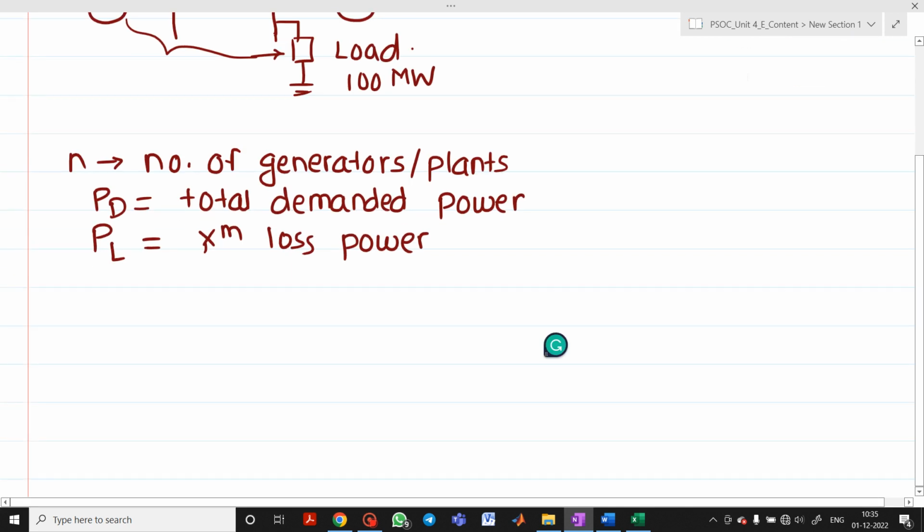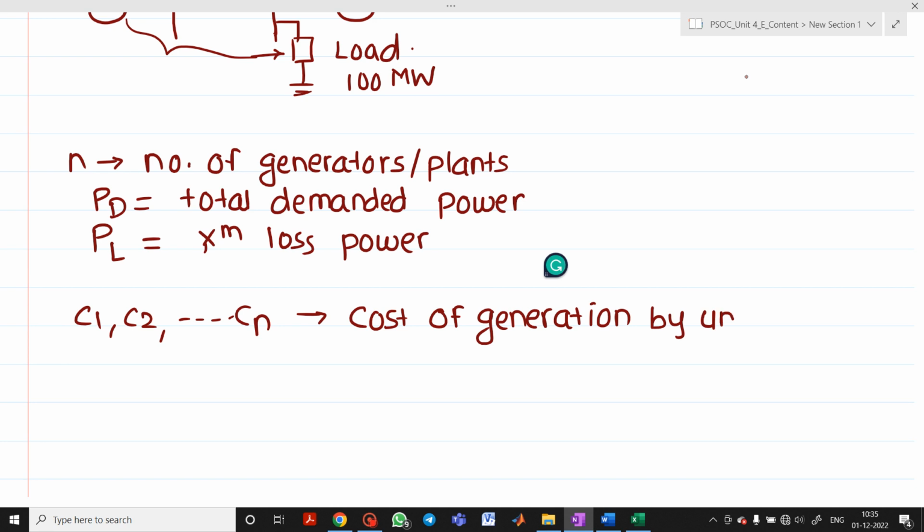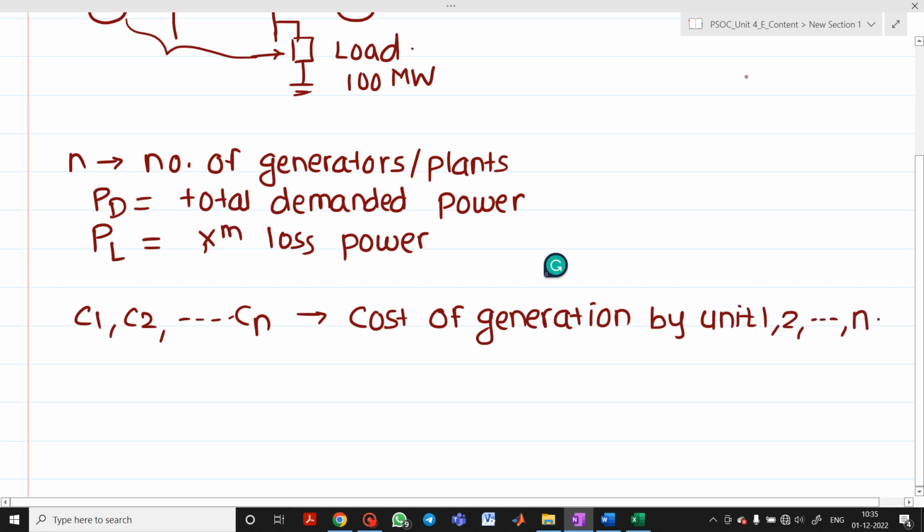Now, as we discussed earlier, what is C1, C2 up to Cn? This is nothing but the cost of generation by unit 1, 2 up to n.